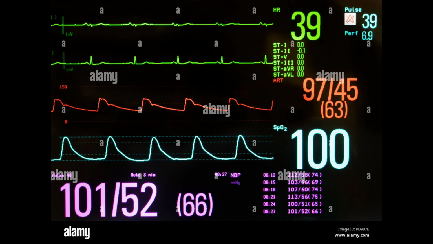Basically, if a patient is hemodynamically unstable, this monitoring helps us make critical decisions in real time.